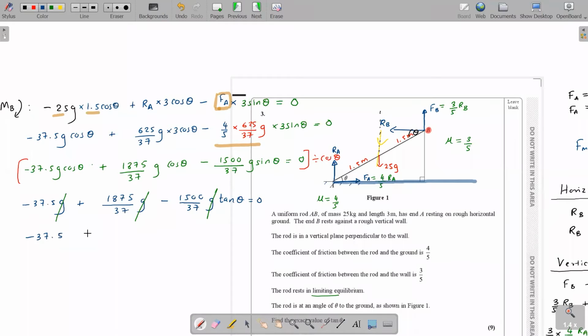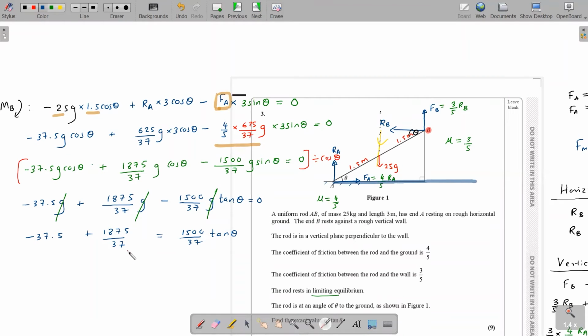Minus 37.5 plus 1875/37. I can take the minus 1500/37 tan theta to the other side as plus 1500/37 times tan theta. I think they want the exact answer, right? Type minus 37.5 plus 1875/37 in the calculator.